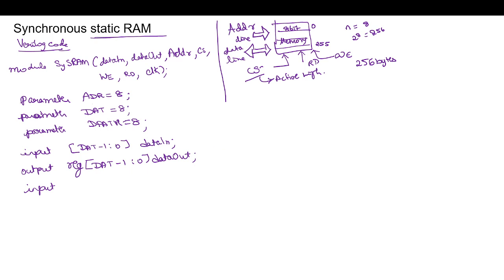We need n as 8, so 8 bit address line. So input ADR minus 1 down to 0.